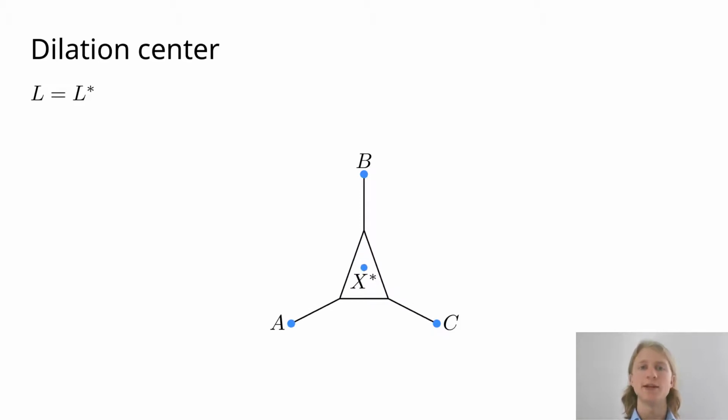If it is located inside the inner triangle, using the fact that the sum of the lengths of the segments connecting the vertices of a triangle to any point in the interior of the triangle is smaller than the sum of the lengths of the triangle's edges, we can conclude that G must have a larger weight than the dilation star, which is a contradiction.